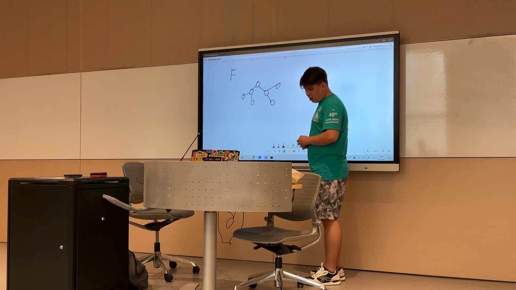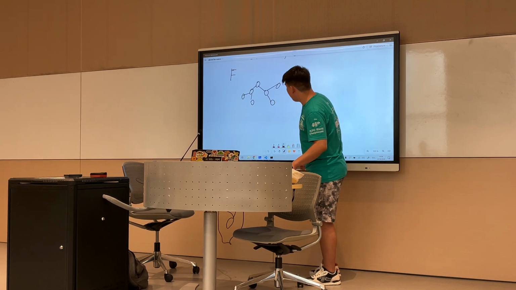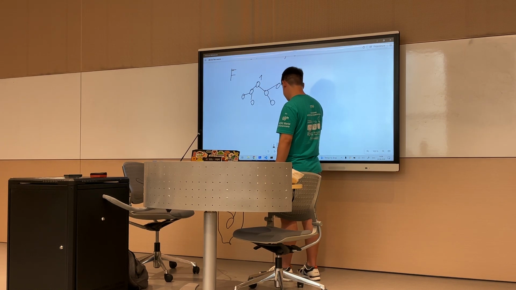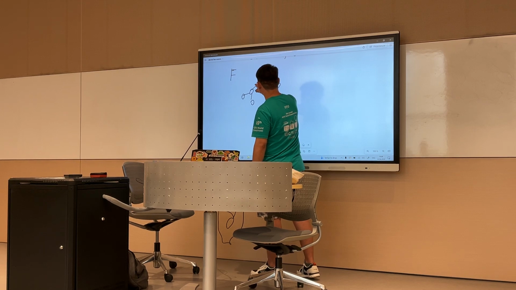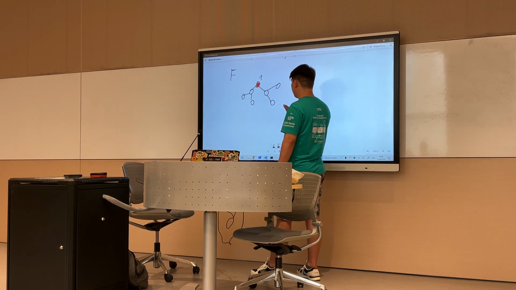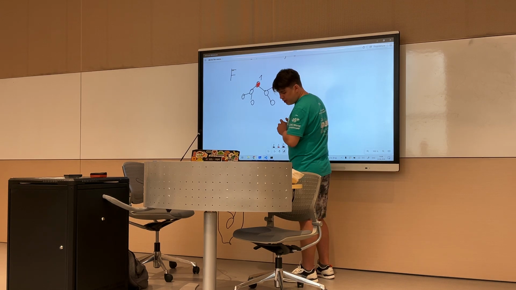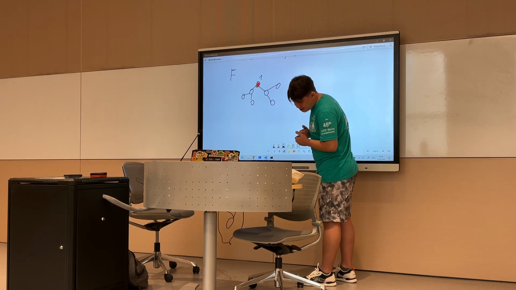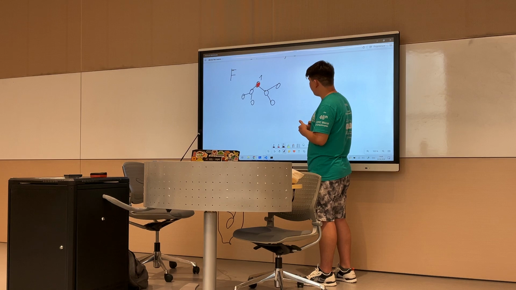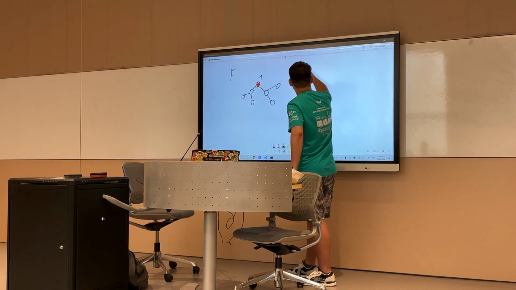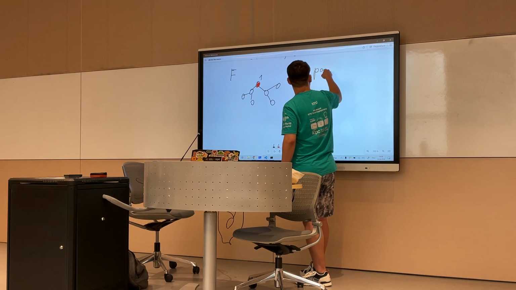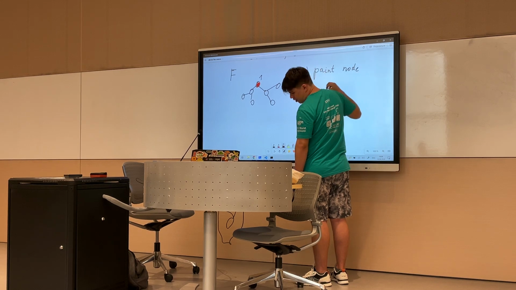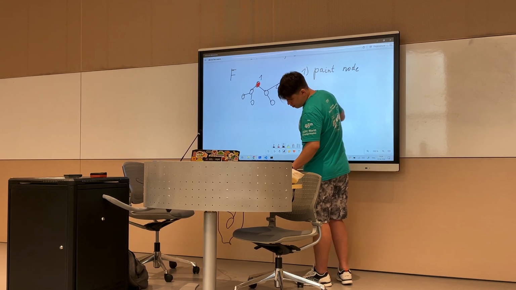Initially, our first vertex will be colored red, and other vertices will be blue. And we need to execute two types of queries. First, we need to paint some node red.